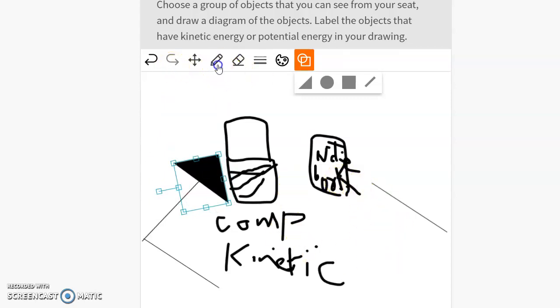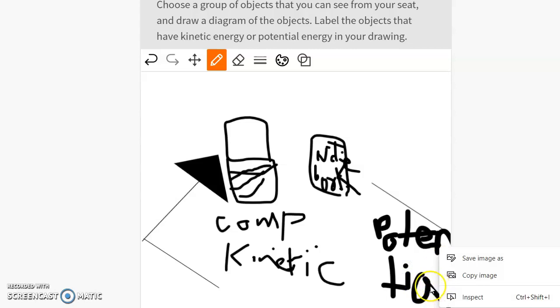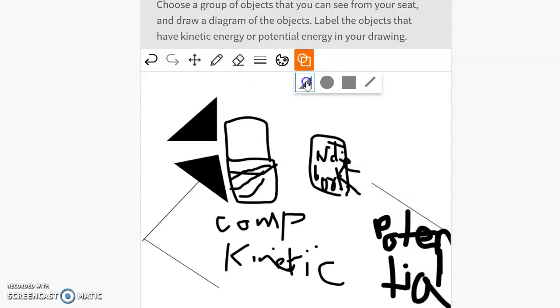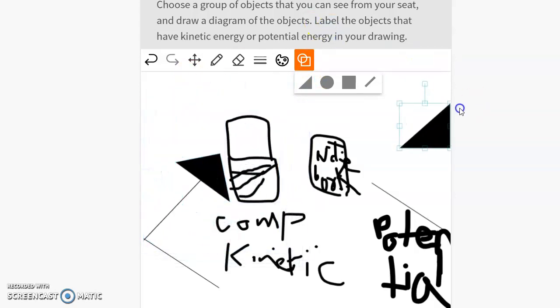The notebook, I need to write potential. And I hope this upgrades and gets even better because right now it's hard to write on. Okay, so now I've got my computer is kinetic, but my notebook is potential.